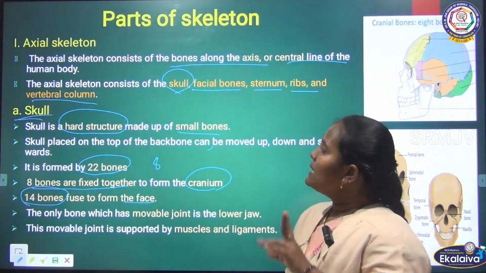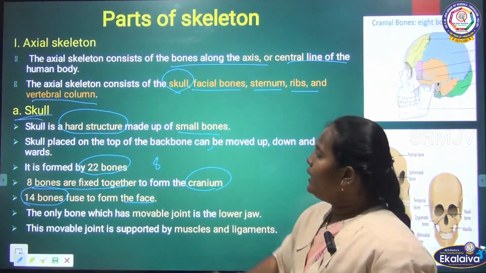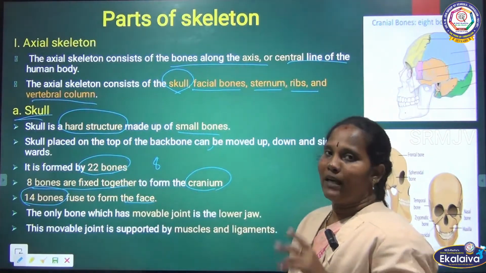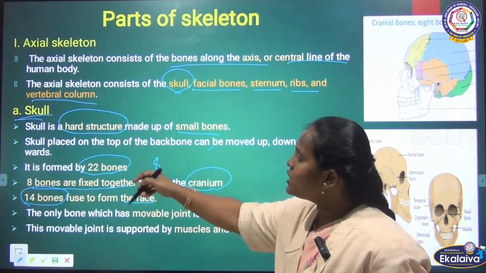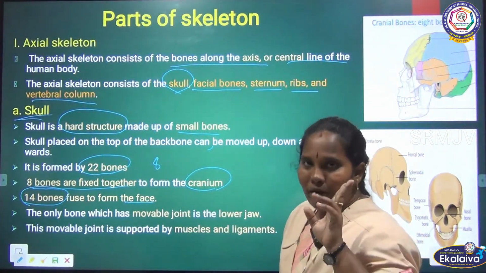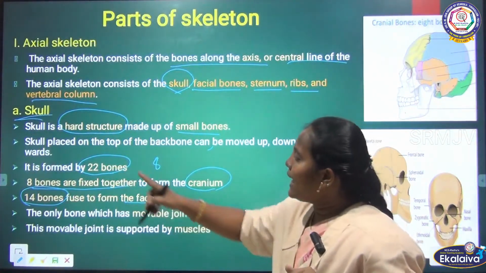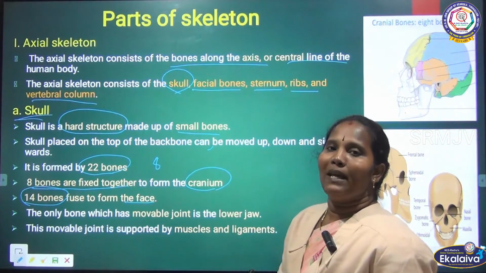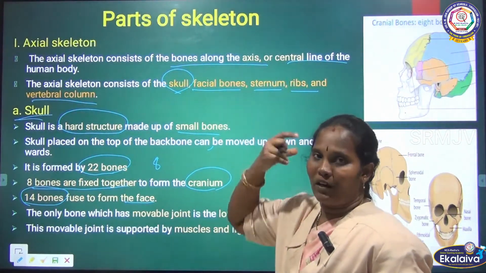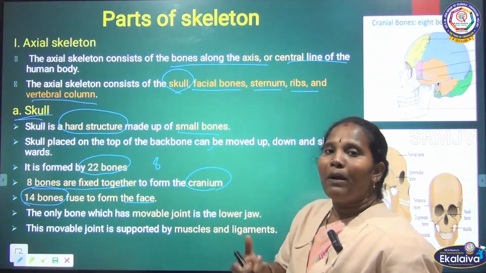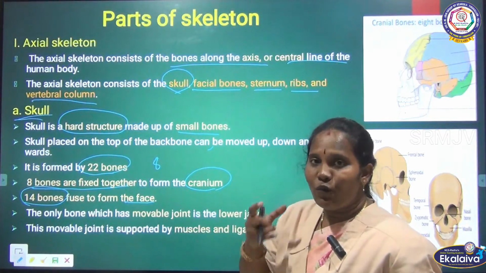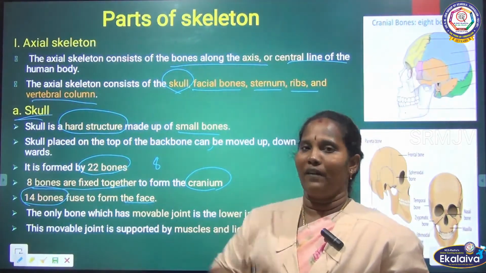Clear? See, the skull is made up of totally 22 bones. Among these 22, 8 are fixed bones. Fixed means they cannot move. These 8 fixed bones together make the cranium, the upper part of the skull. The remaining 14 bones make our face.